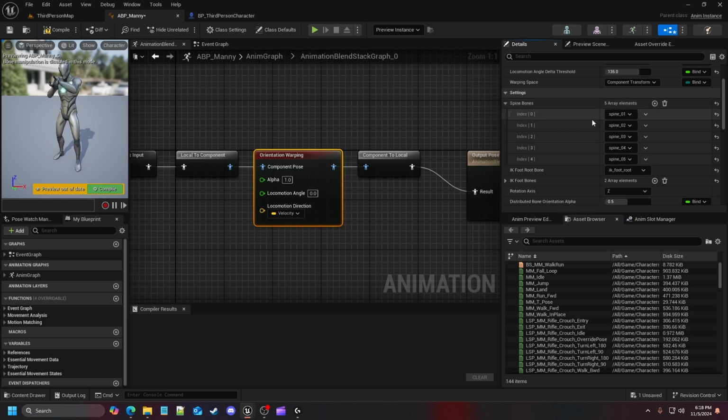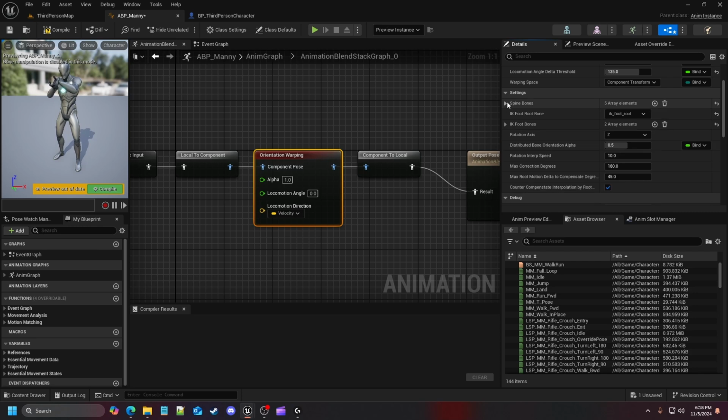So we have the individual bones placed here, from our lower spine to our upper spine. So what this will do is adjust the bones to let the character's torso turn more naturally without rigid or unrealistic movements. That's why we specify the entire spine of our character, so it orientates more realistically as our character moves throughout the world.